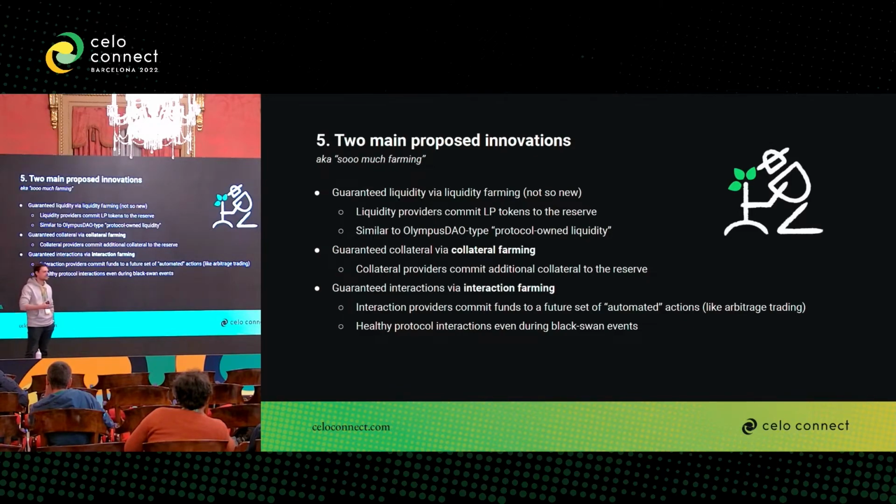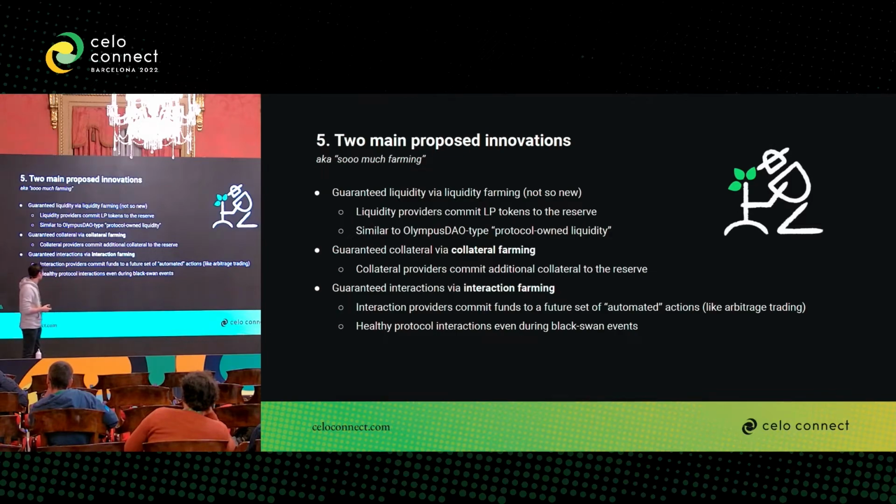It's not liquidity that moves away in a moment of need. So we would just use a similar principle here, but the really interesting new innovations are those 2. Why not use the same principle, like liquidity farming, on collateral and on interaction, the other 2 things that can go wrong with stability?